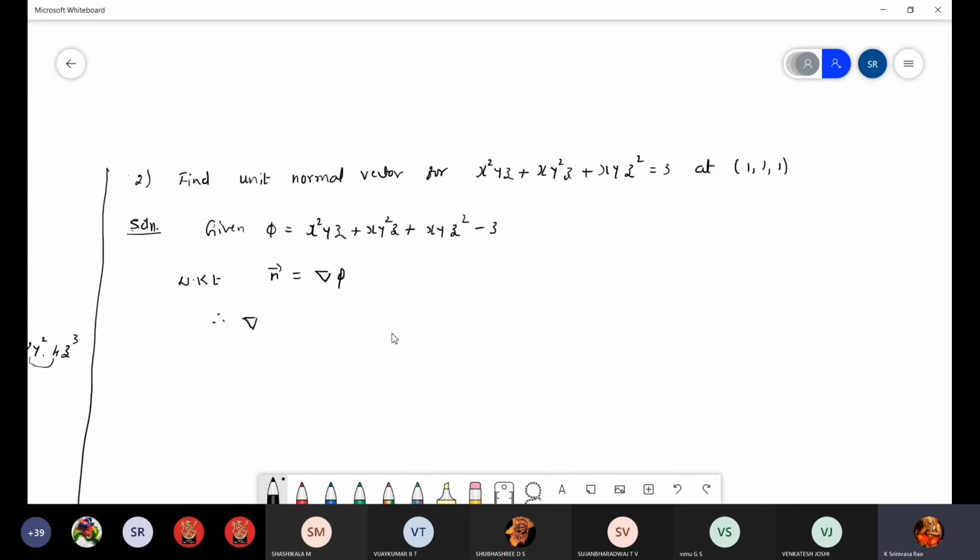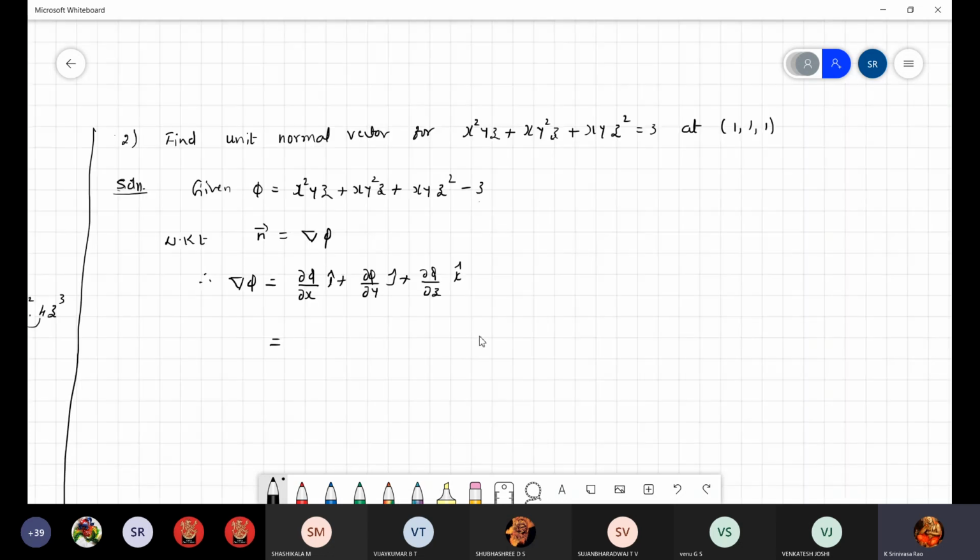Therefore grad phi equals, again write the formula, dou phi by dou x i cap plus dou phi by dou y j cap plus dou phi by dou z k cap, and differentiate complete phi including minus 3. You have to differentiate with respect to x, y, and z.